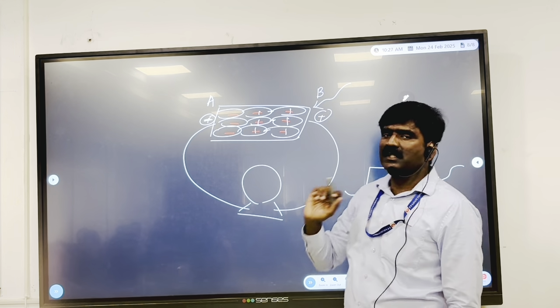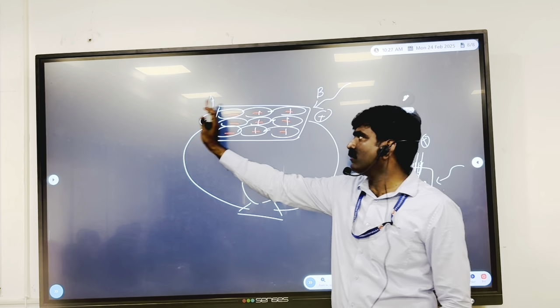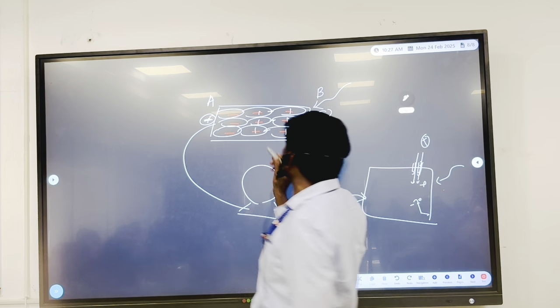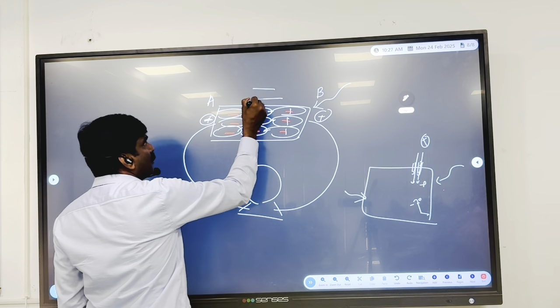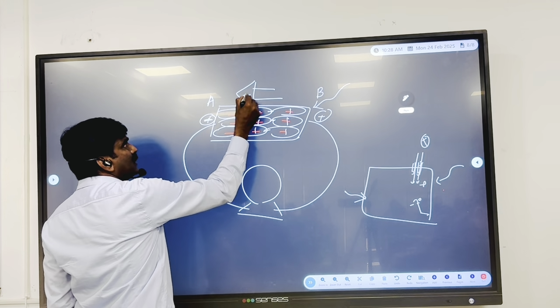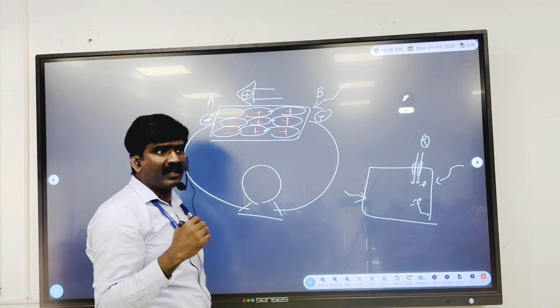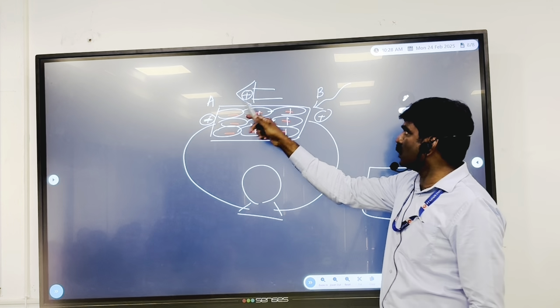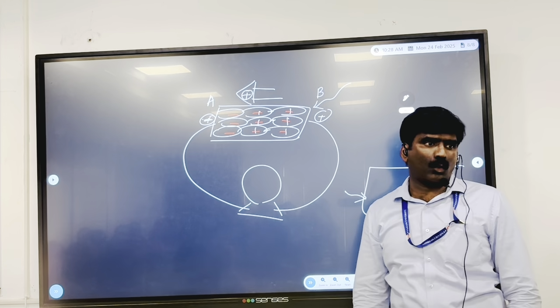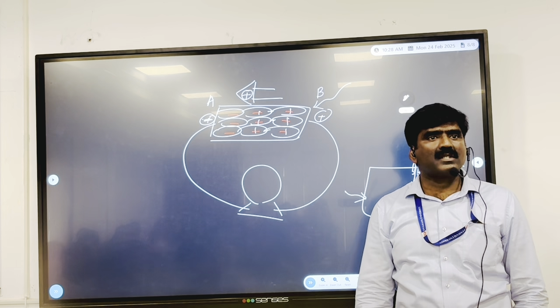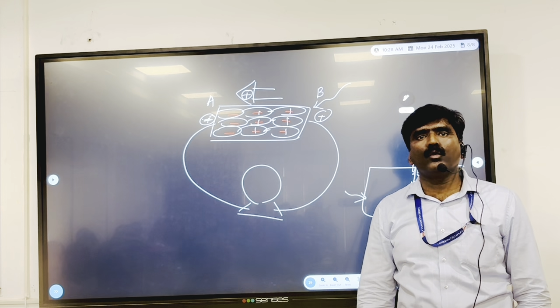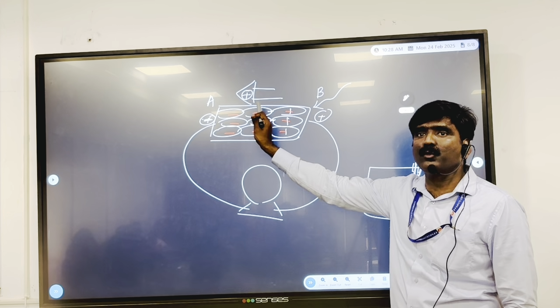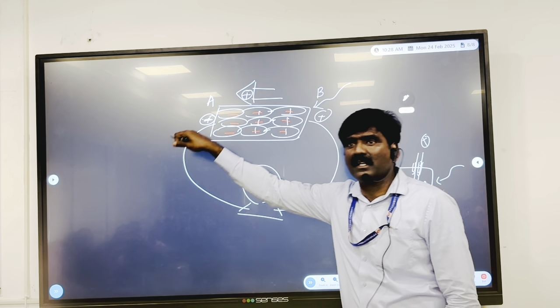Now the second cell will become positive, and the third cell will become positive. Now what is happening? The positive wave, the electromagnetic wave, is moving towards the negative electrode.